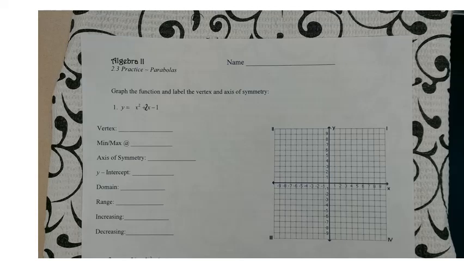So we're going to start with the formula negative b over 2a. So I have negative 1. It's my x value. I'm going to plug that in, and I'll get negative 1 squared plus 2 times negative 1 minus 1.